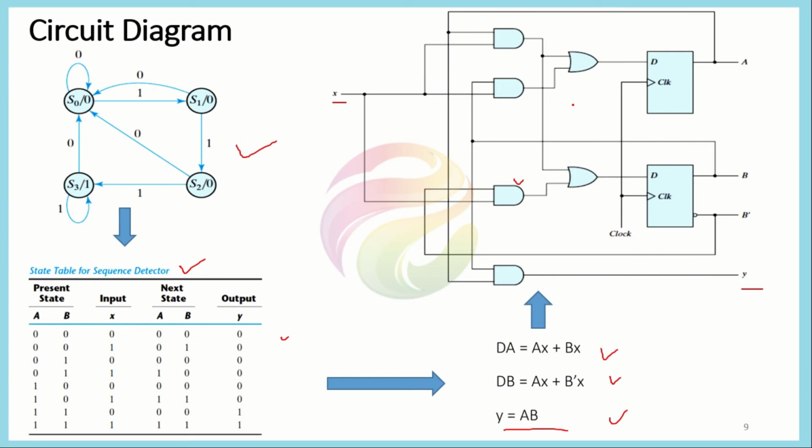So in this way, by using a simple D flip-flop, we designed a circuit diagram for a system where the only thing given to us is the formulation. The next question is what kind of flip-flops are required for this circuit.